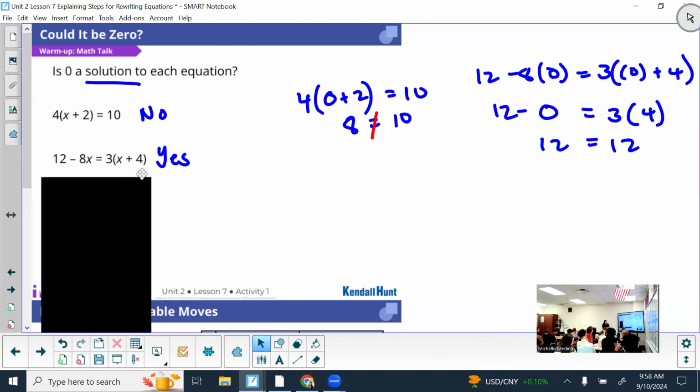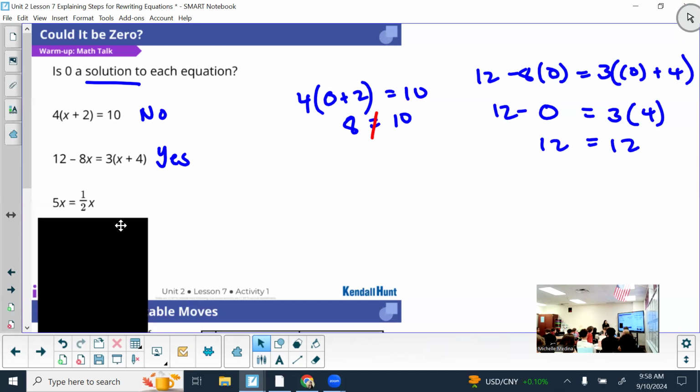Okay, so then next one. 5x equals 1/2 x, put your thumb up when you think you know, don't collaborate with other people right now. It's time to think about it. Put your thumb up when you think you know whether or not 0 is a solution to that equation.